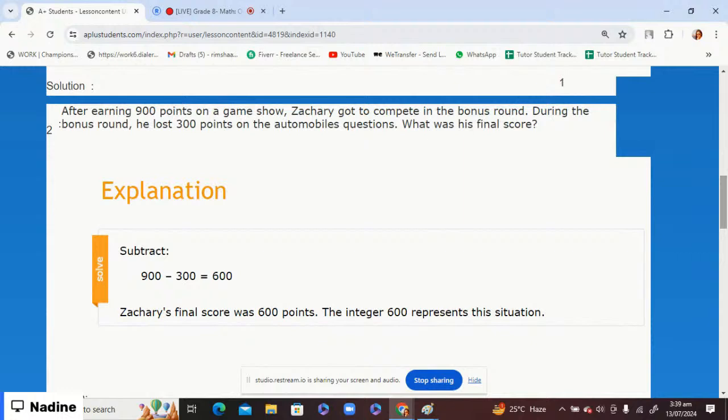During the bonus round, he lost 300 points on the automobiles question. What was his final score? Now he lost 300. Okay, he basically earned 900 points in the game show. So 900 minus 300, then you're getting the answer 600.